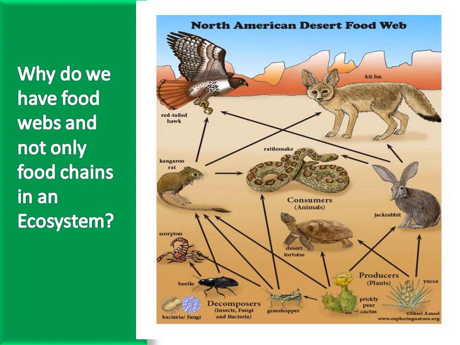So here in the food web, the energy flows from the producers to the consumers to higher level consumers.